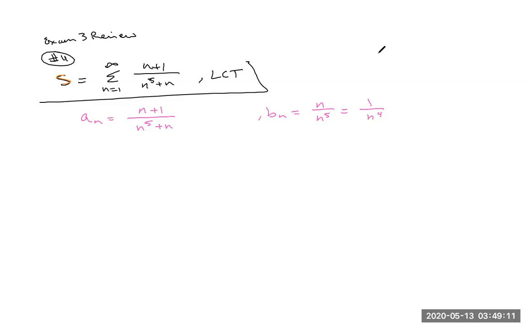Now find L. And remember, L is the limit as n goes to infinity of a sub n over b sub n. So in this case, that's the limit as n goes to infinity of n plus 1 over n to the 5th plus n, divided by 1 over n to the 4th.